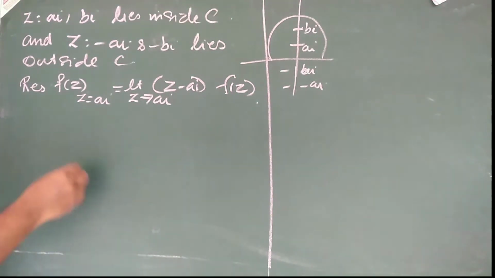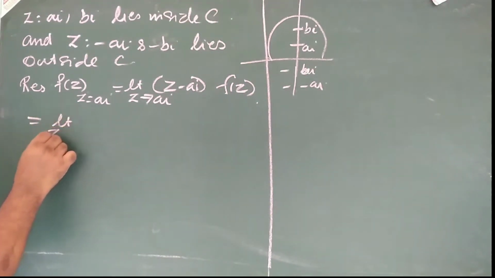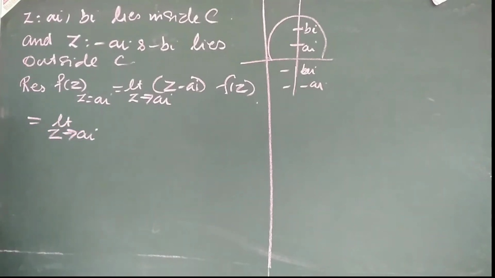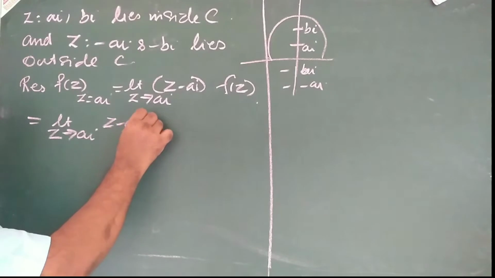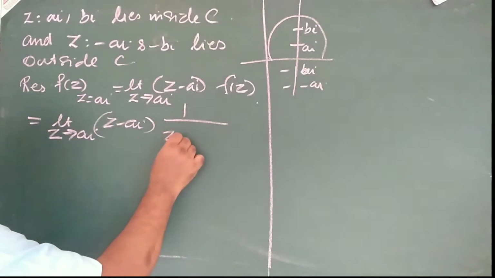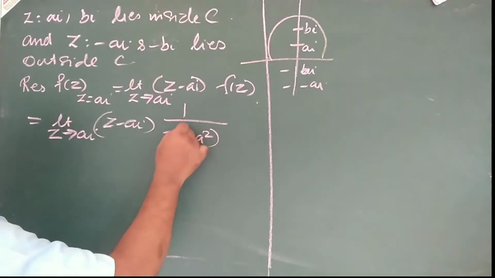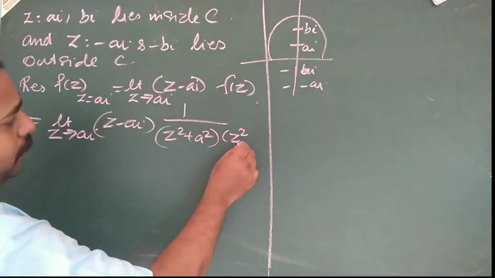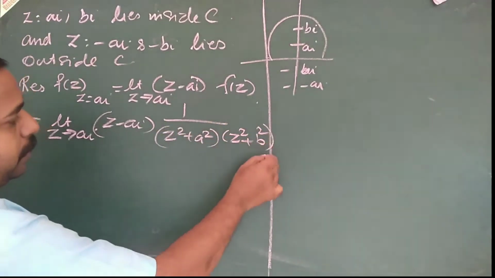So this is equal to limit z tends to ai of z minus ai into, we split it with our function. What is the function? 1 by z square plus a square into z square plus b square.